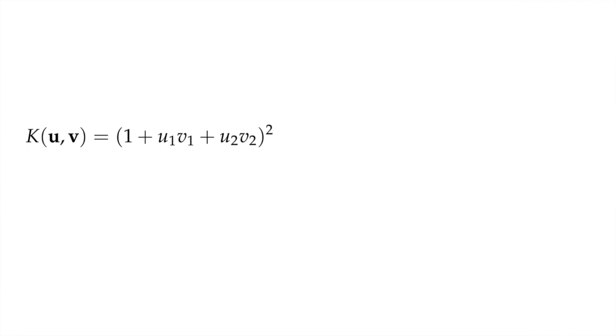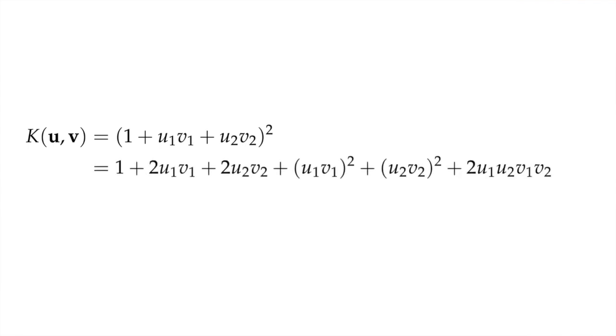If we expand that, we get this quite big expression: 1 plus 2u1v1 plus 2u2v2 plus (u1v1) squared plus (u2v2) squared plus 2u1u2v1v2.